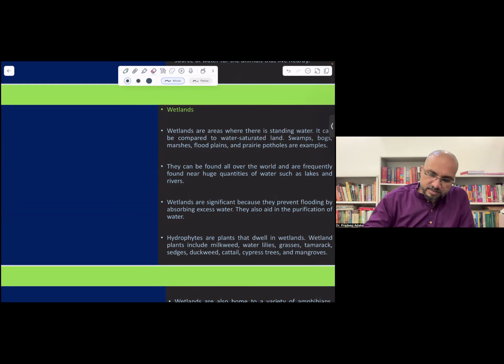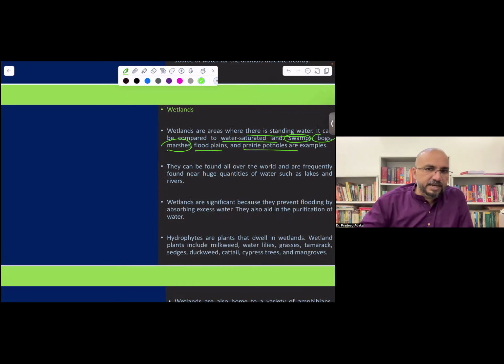So wetlands are areas with standing water, saturated land, as you can call it. Swamps, bogs, marshland, floodplains and prairie potholes are examples of wetlands.